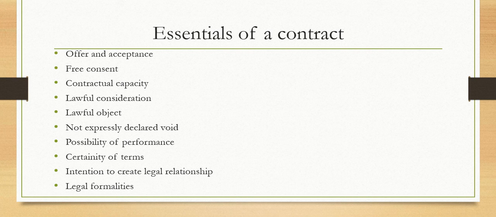The next one is possibility of performance. What they are promising to perform should be of a possible nature. Impossible things cannot be performed. When there is impossible stuff, it will not be part of the contract. Only the performance that you are going to put into action should be of a possible nature.